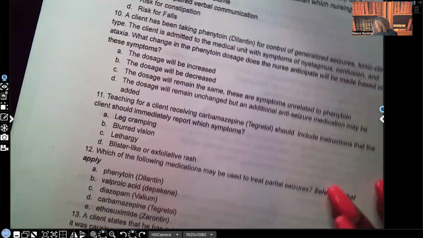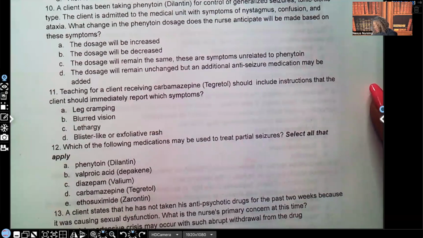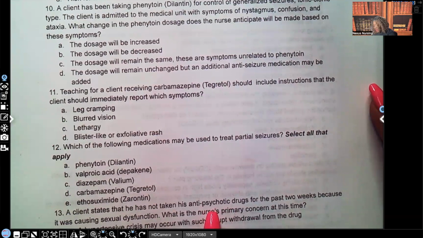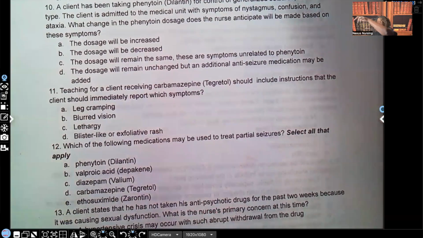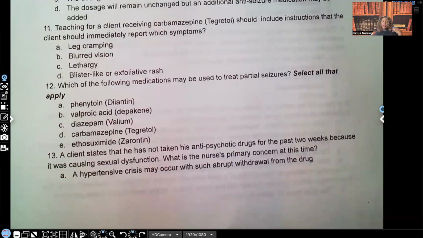Now, if we go back to the question, it doesn't tell us the diagnosis. Most likely the patient has schizophrenia, but it doesn't tell us the diagnosis. It just says antipsychotics. Now, here's the thing, guys. There is no cure for psychosis, right?